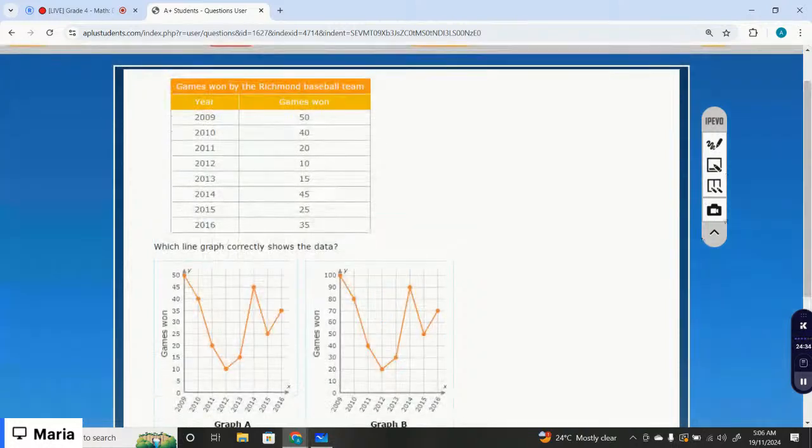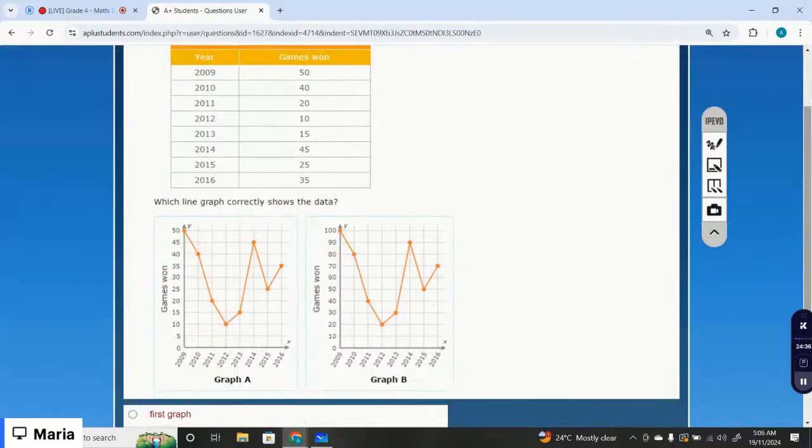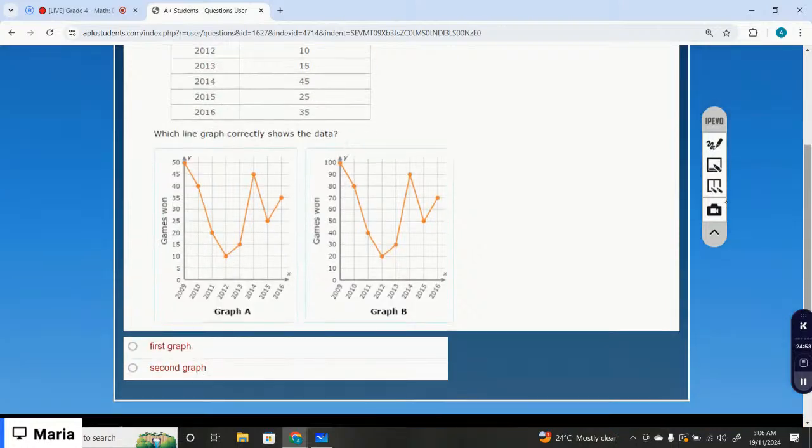First one is the correct option. You can match and tell me which is the correct option. Option number one is the correct option.